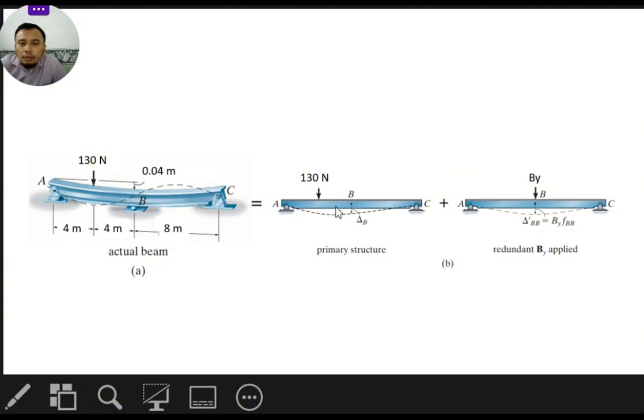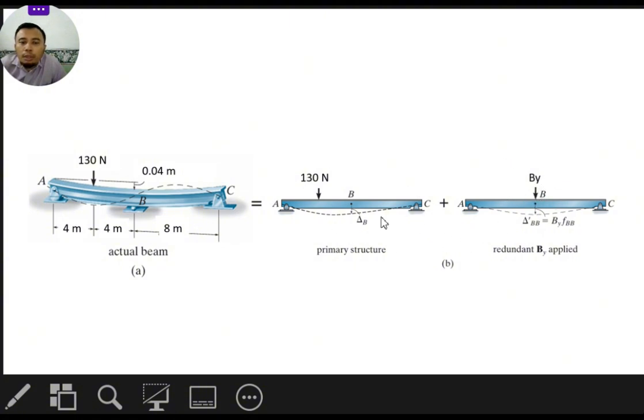And then you have another structure where we want to measure the deflection at B also, but this displacement is due to the force of By, which is replacing the roller support.